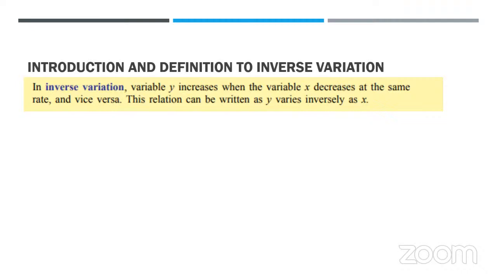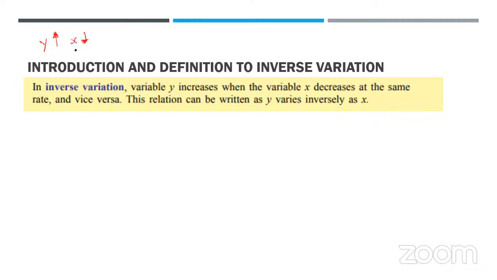As we can read from the yellow box, in inverse variation, variable y increases when variable x decreases at the same rate and vice versa. You can interpret this as, when y increases, x decreases.